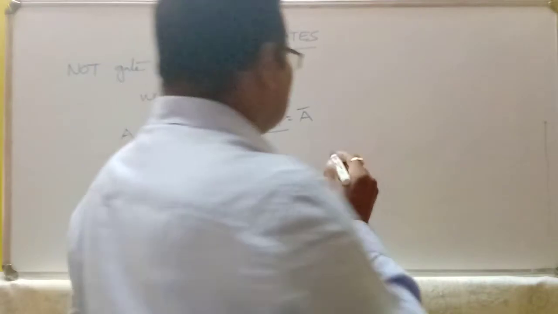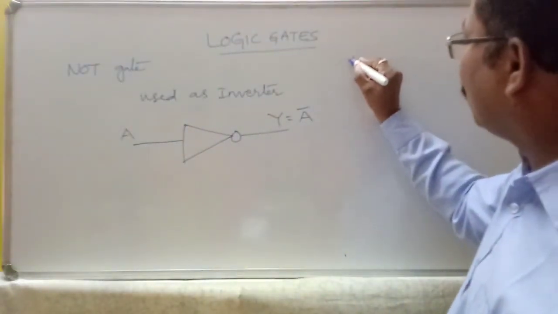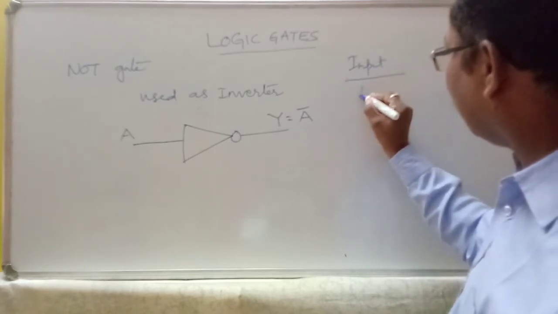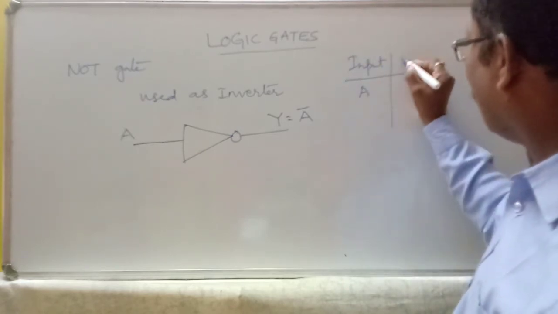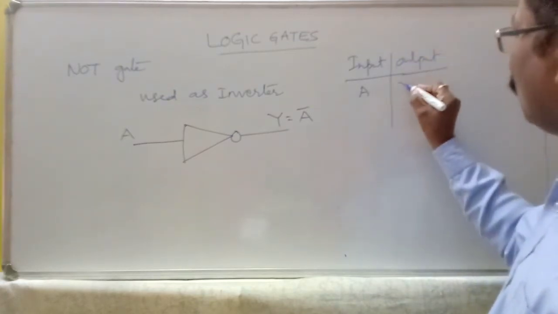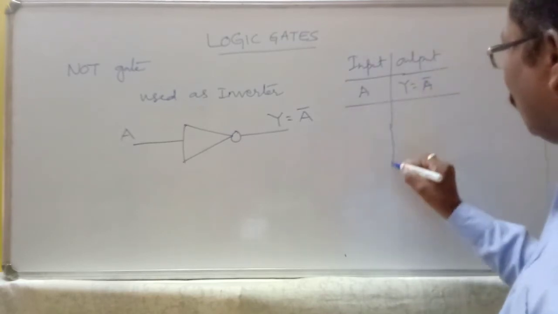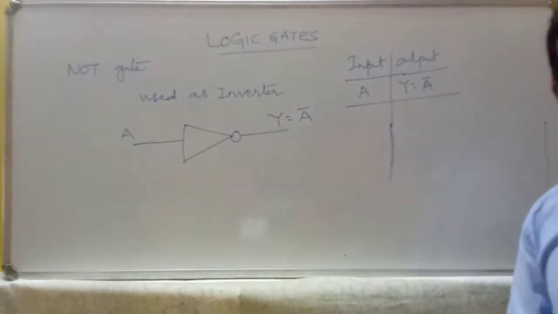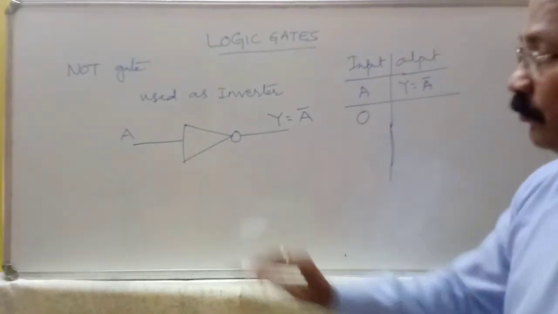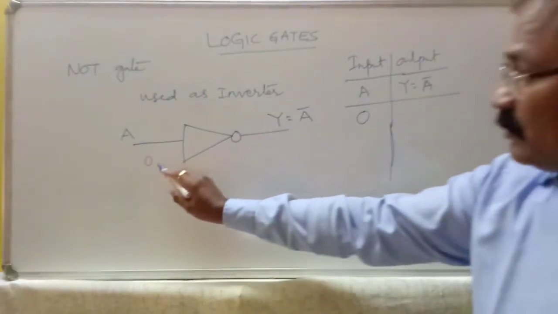So, the behavior of this NOT gate is like this. A is the input, and the output is the complement of A. Now, let the input A be 0.